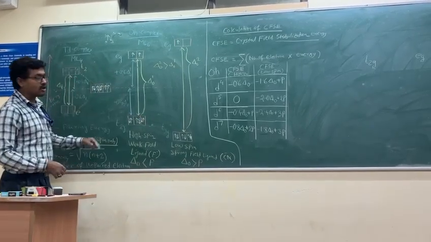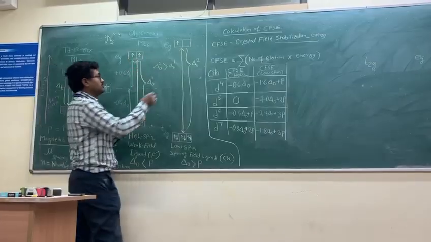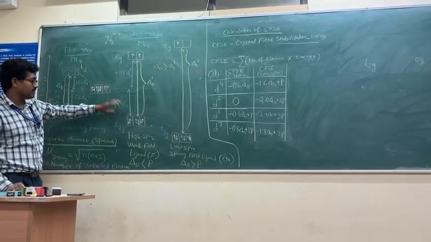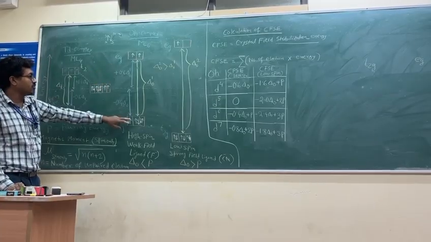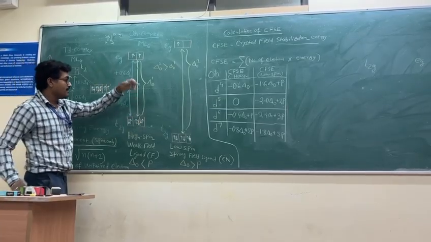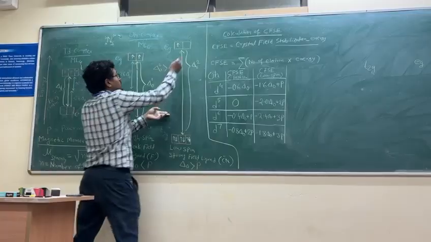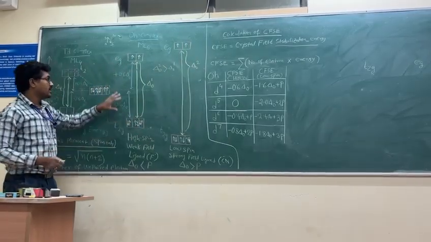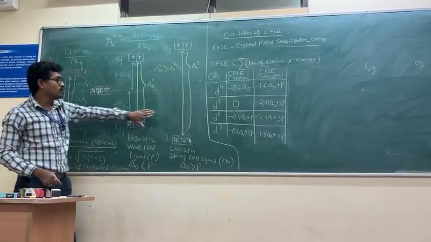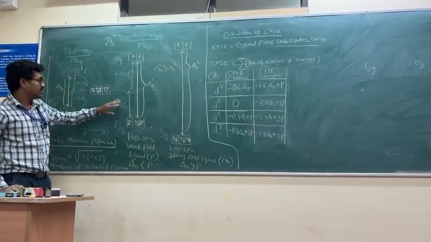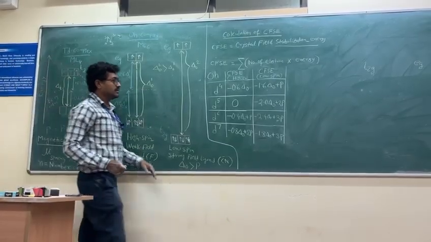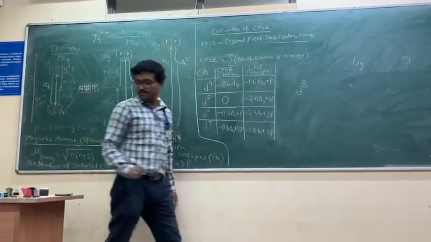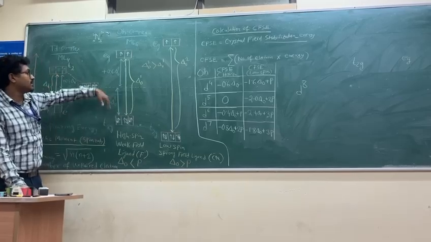And in the case of the low spin complex, this 8th electron has to go here, right? In the d8 system the 8th electron has to go to eg. For the high spin complex it will come here, and for the low spin complex it has to go here, right? Now for the d8 system, if we check the electronic distribution in high spin and low spin, you can see it is the same, right? For d8, for high spin and low spin, we will get the same electron distribution.